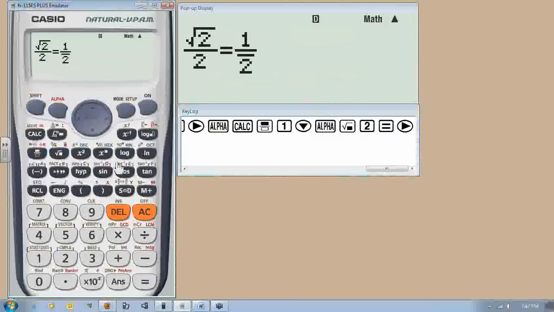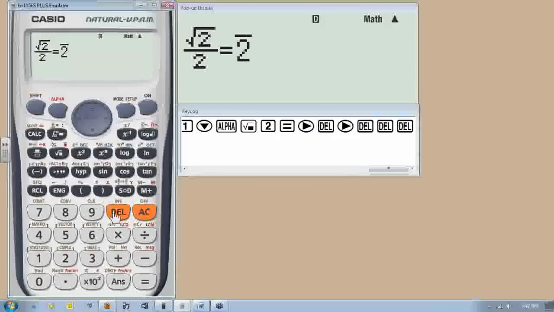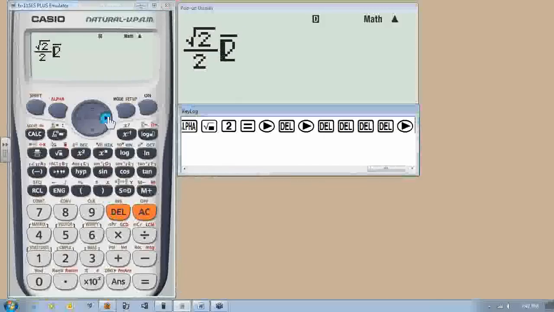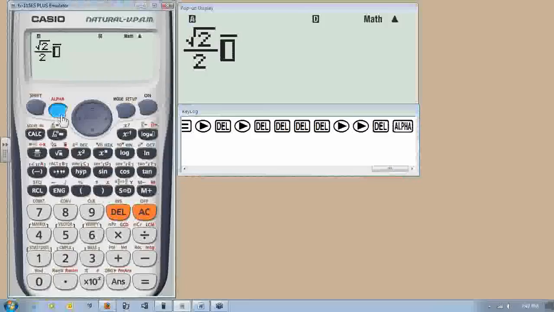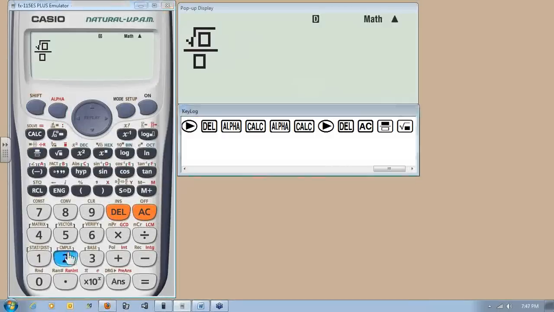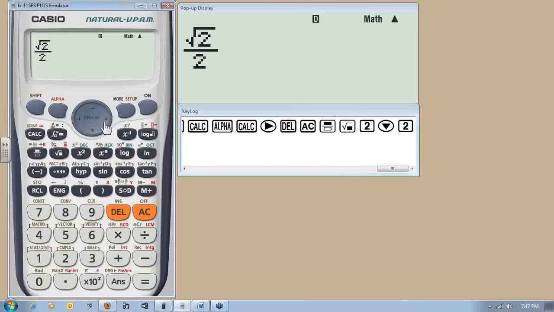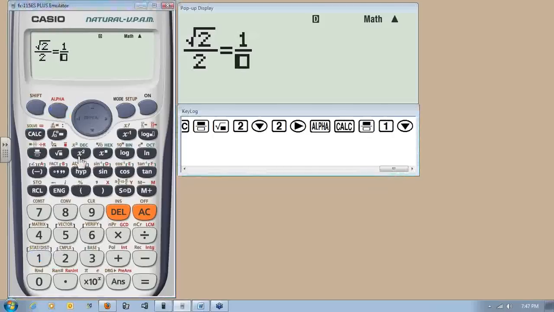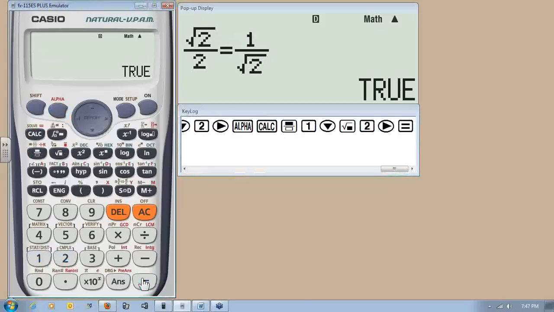What did I do? Oh, forgot my square root. And you can't have a repeating whole number there. Let me go after it and get rid of that. Square root of 2 over 2 equals 1 in the bottom, square root 2. Equals true.